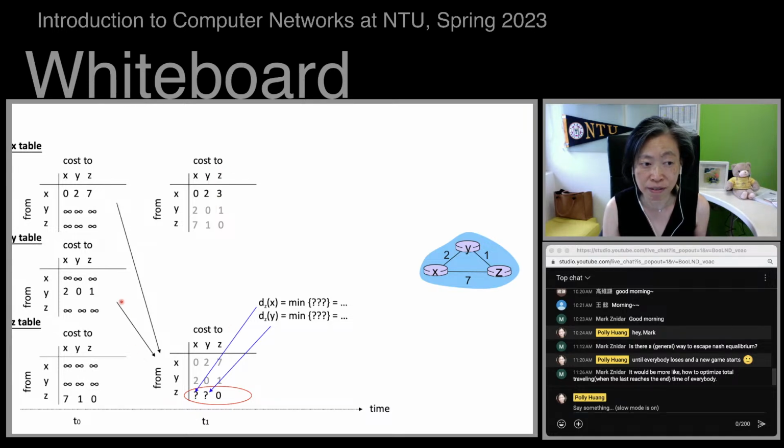Now, receiving y's distance vector and x's distance vector, z is also calculating what the new dz should be. So please work on dzx and dzy, showing the details of your derivation.